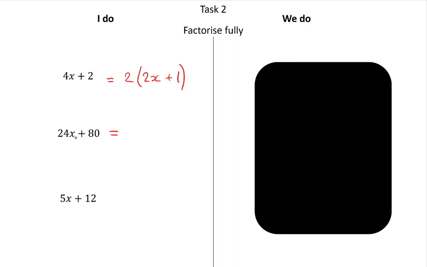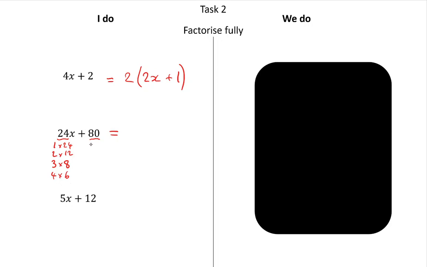Next one. Right, we need to do a bit of thinking about what the factors are of these numbers now. Firstly, we can ignore the x for now, because we can see this one doesn't have an x. So let's just look at factors of 24 and 80. So 24, that's 1 times 24, 2 times 12, 3 times 8, 4 times 6, that's all of them.